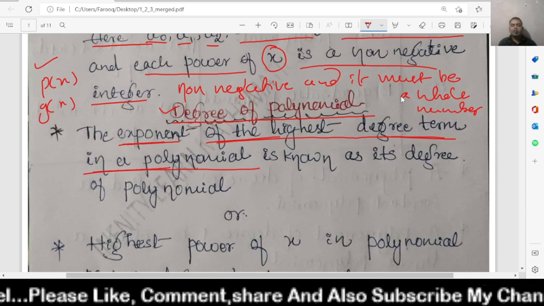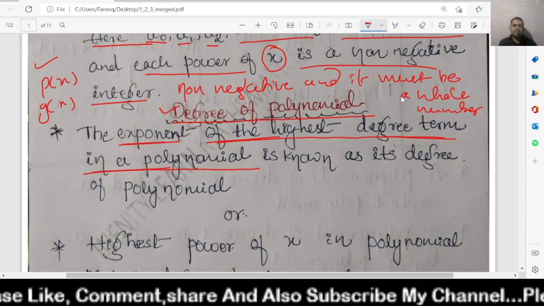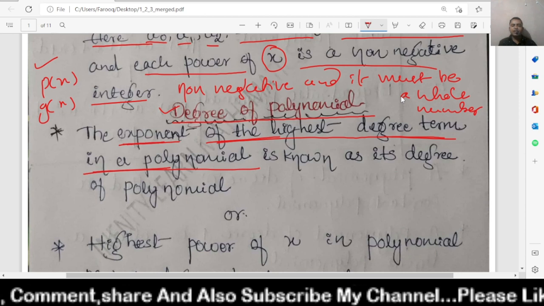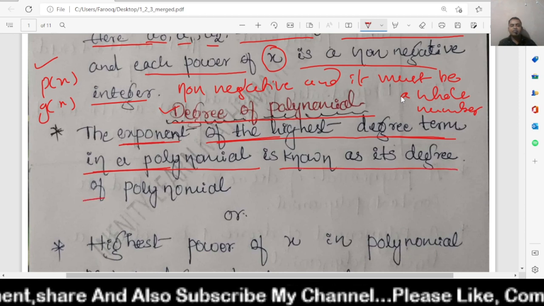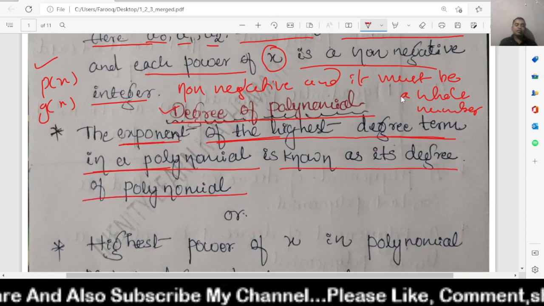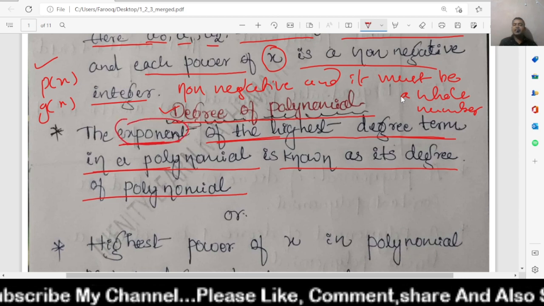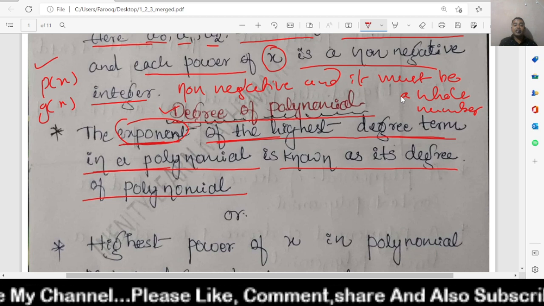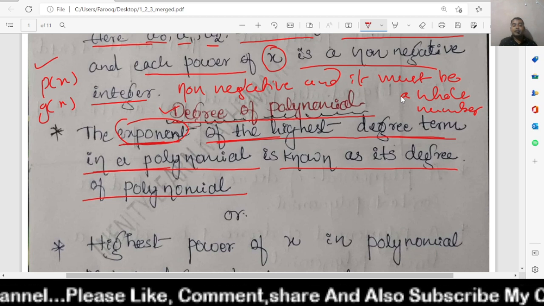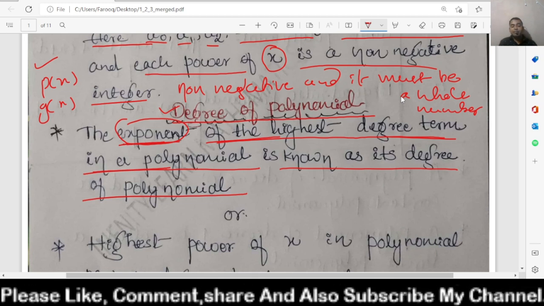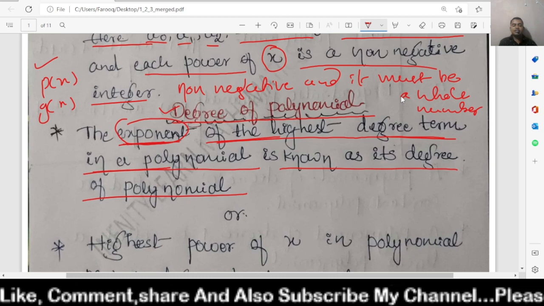Suppose a polynomial is given to you, the highest power or highest exponent is known as the degree of the polynomial. Remember, the exponent of the highest degree term in a polynomial is known as the degree of the polynomial.